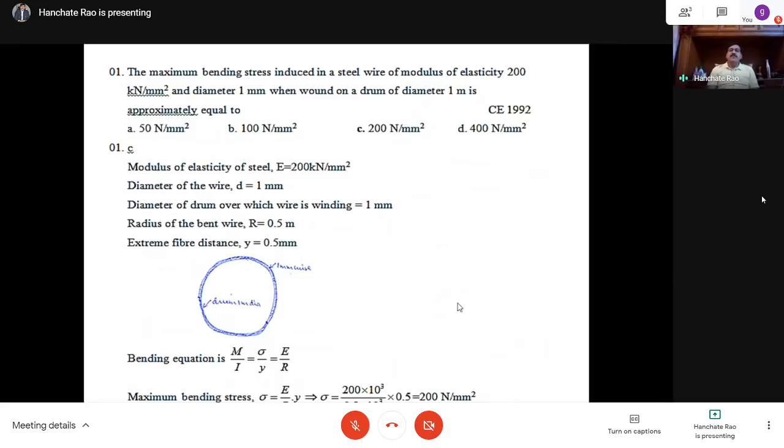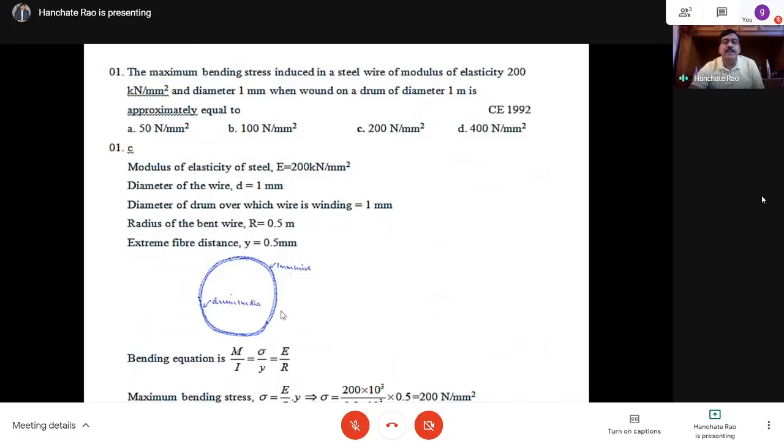So a steel wire is taken. The modulus of elasticity of the steel wire E is equal to 200 kilonewtons per mm square. E he has given, and diameter of the wire is 1 mm. This wire is wound on a drum whose diameter is 1 meter.